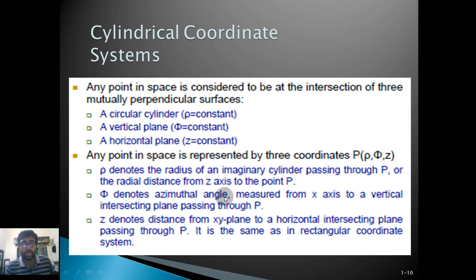Phi denotes the azimuthal angle measured from the x-axis to a vertical intersecting plane passing through P. Now it's an important point.